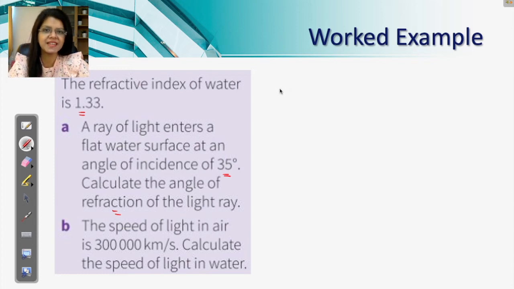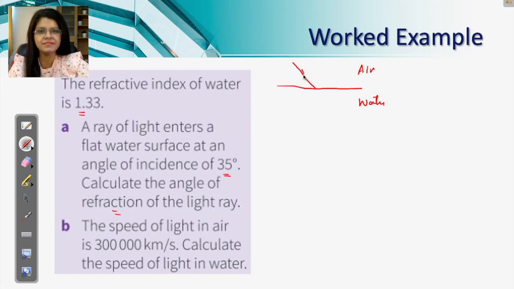So let us understand what is happening. Always a good idea to draw a picture. You have your air, you have your water. A ray of light enters a flat water surface. So the ray of light is coming all the way from the air. Let this be your normal.